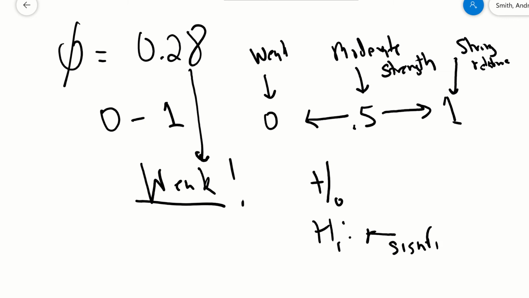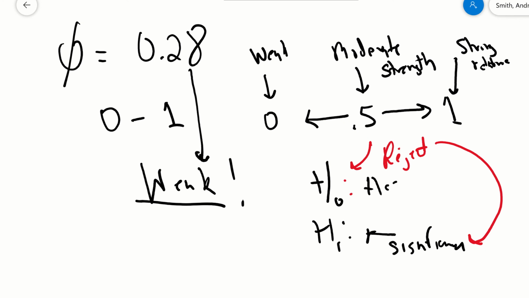If we reject the null, if we reject this bad boy here, we're accepting that there was significance. If we accept the null, there was no significance.